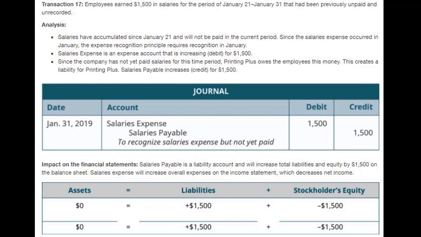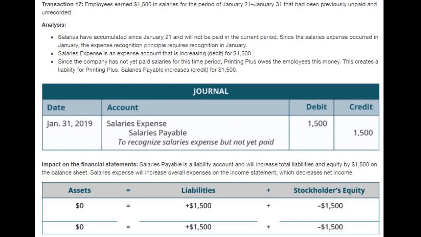And that concludes our discussion of Chapter 4. Please keep in mind these are not discrete events. Equipment, as you use it, loses its value little by little. Employees, as they work, earn their pay little by little.